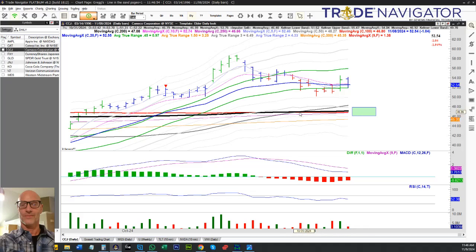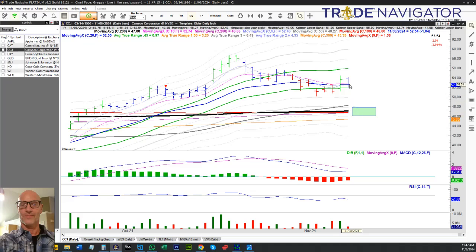This is a long-term bullish indication when you have a bullish cross. But I've also noticed that once you have a golden cross, you generally come down first before you have a big move up. So the first pullback to the 200-day moving average after the golden cross generally tends to bounce.